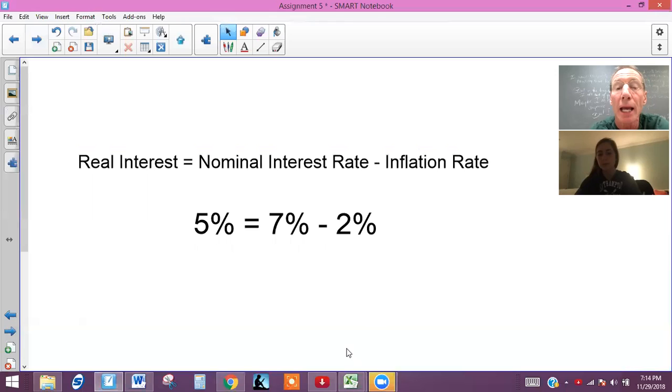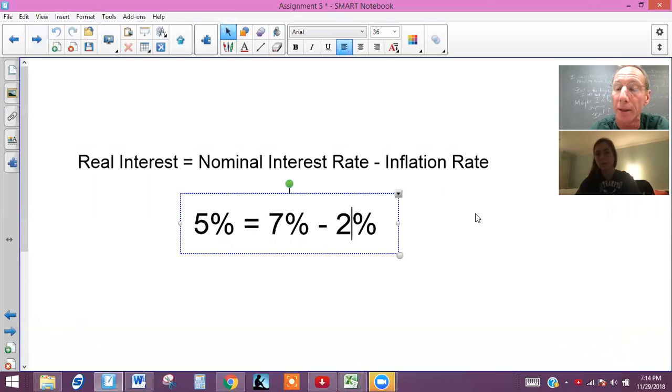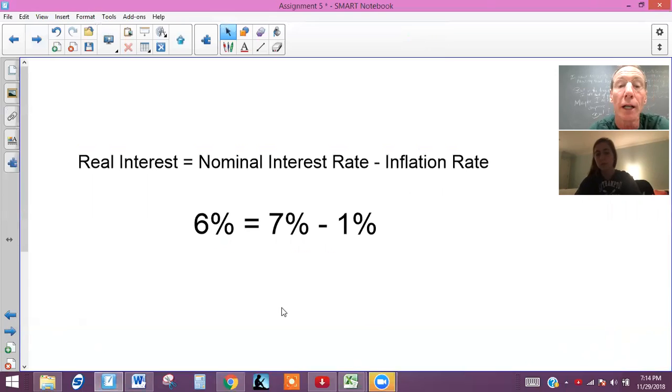Now, if the inflation rate is lower than expected, if it ends up only being 1%, then the real interest rate for the lender ends up being higher. The lender ends up getting 6% real interest if the actual inflation rate is lower than the expected inflation. So that benefits the lender.